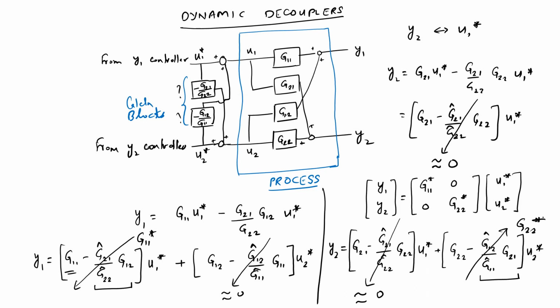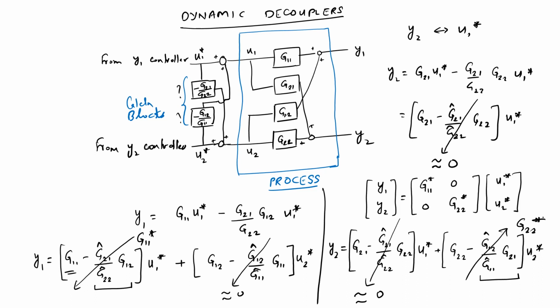But in mechanical systems and aerospace systems, decoupling is often used because now you get very tight control of y1 and very tight control of y2, because the decoupler has given you essentially a system with a diagonal process structure.